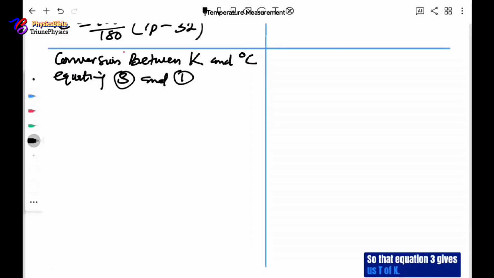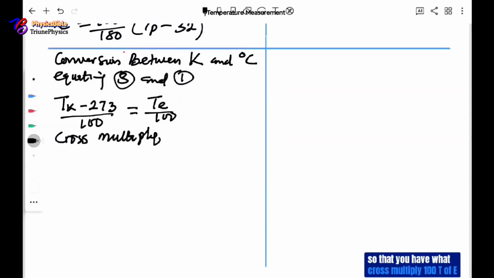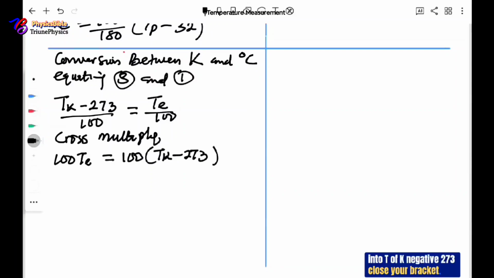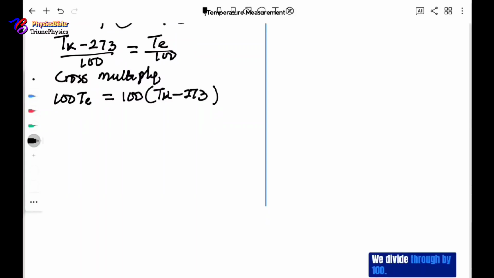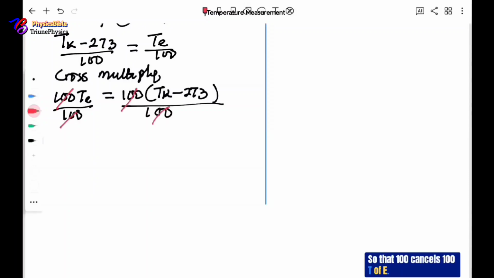So that equation 3 gives us (T_K − 273) divided by 100 is equal to T_E over 100. Let's cross multiply. 100 T_E is equal to 100 into (T_K − 273). Close your bracket. We'll divide through by 100, so that 100 cancels 100. T_E is equal to T_K − 273.